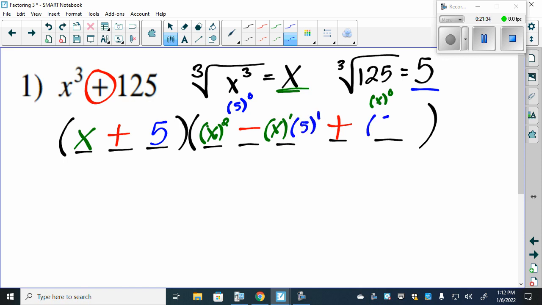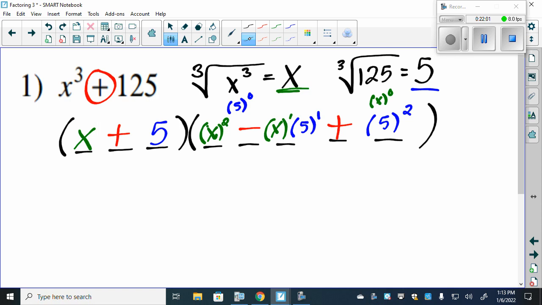And what do we think over here is going to be? 5 squared. Now if we notice with the second term, it's going 0, 1, 2. So as the one is decreasing, the other is increasing. Any questions on this here? Because we only have one step left. You ready for the last step?